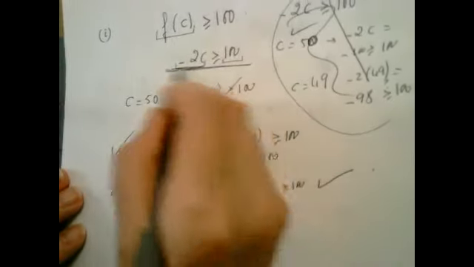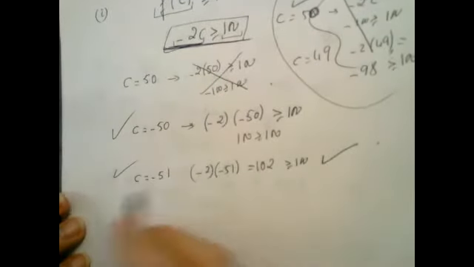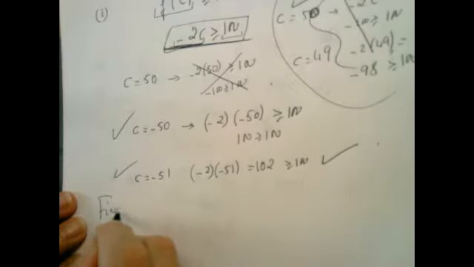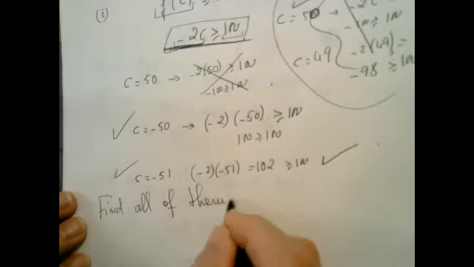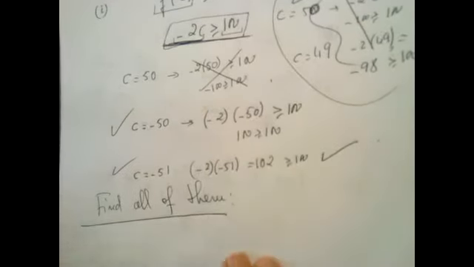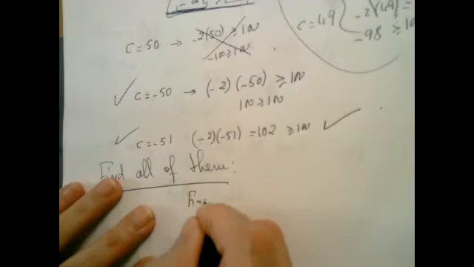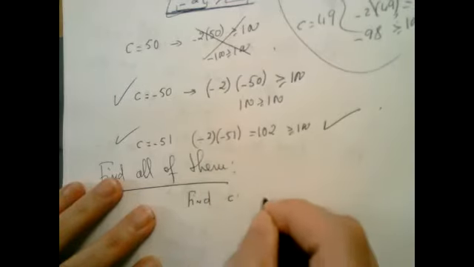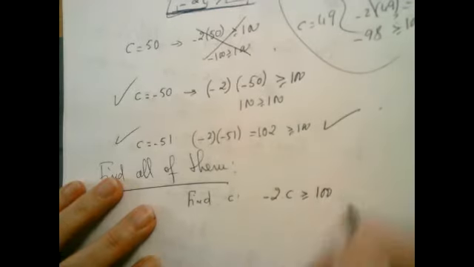So can you find me an input such that f of c is bigger than 100? You guys gave me 2. Now let us find all of them. It means we need to find all numbers such that -2 times c is larger than 100.